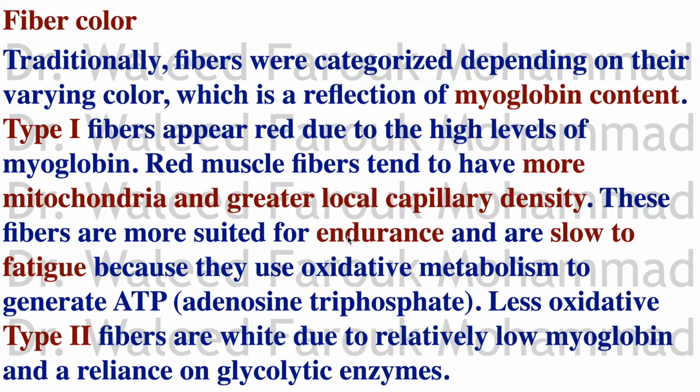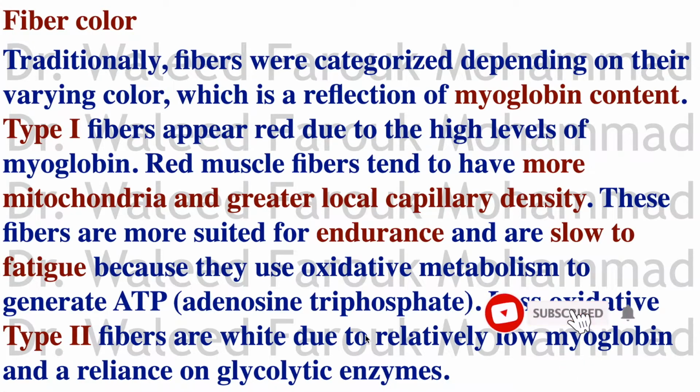They have more mitochondria and more capillary density. So because of this, they are more endurant muscles and slow to fatigue, because they use oxidative metabolism to generate ATP, or adenosine triphosphate.